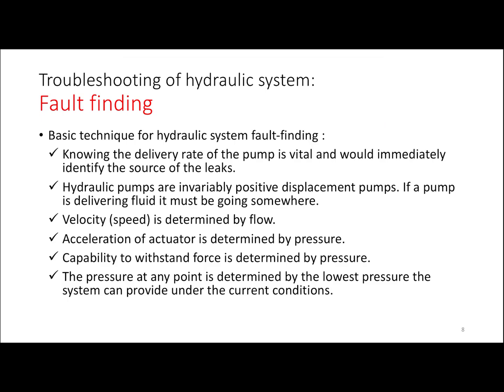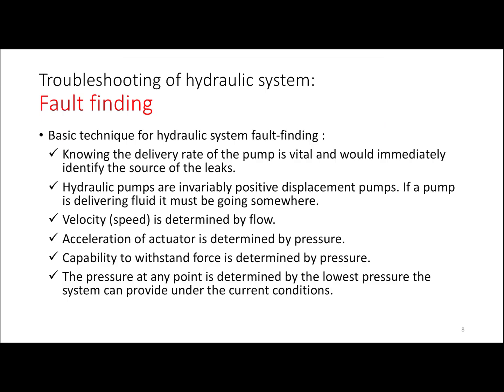So from these two we can relate to each other what happens in our hydraulic system. Also, acceleration of the actuator is usually determined by pressure. That's why by reading the pressure gauge, we can see what happens to the actuator. And also the ability of a cylinder to withstand force is related to pressure.